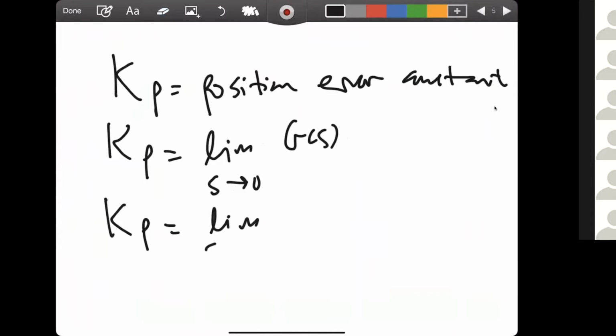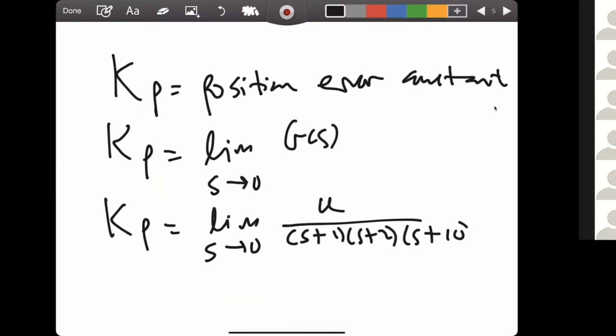Okay. Iaitu K sama dengan S plus 1, S plus 2, S plus 10. K itu berapa? K ini adalah 164 point... berapa tadi?